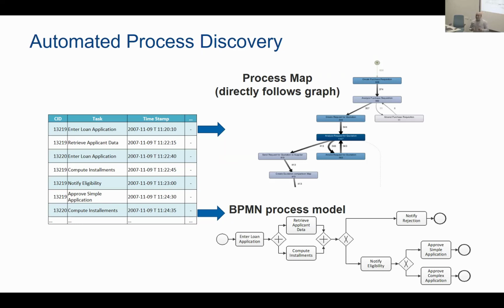The simplest type of model that we will see today is called a process map. They are very simple boxes and arrows diagrams, but we will see next week that we can also use the same data to discover BPMN process diagrams. So you don't draw the diagram, you give the data as input, and the process mining tool discovers the process model for you.